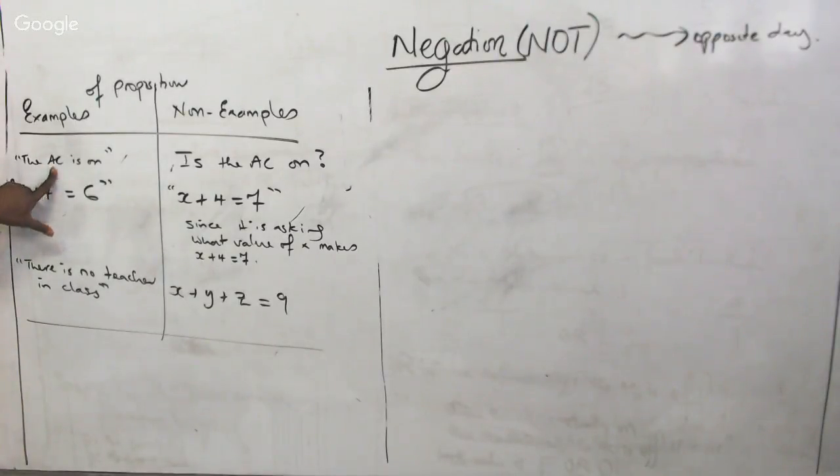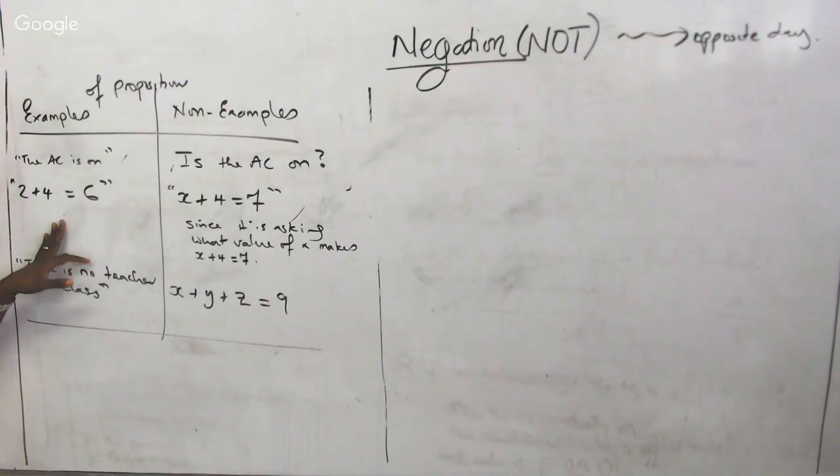AC is not on. Fair enough? But off is also accepted in the exam. Fair? So, that's why I said not. Because to write the negation in words in the exam or in the assignment, what is necessary is just for you to put the word not somewhere in the sentence. Fair enough?